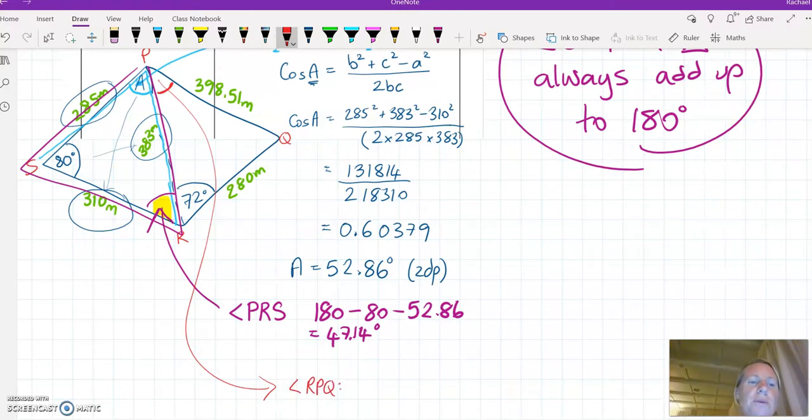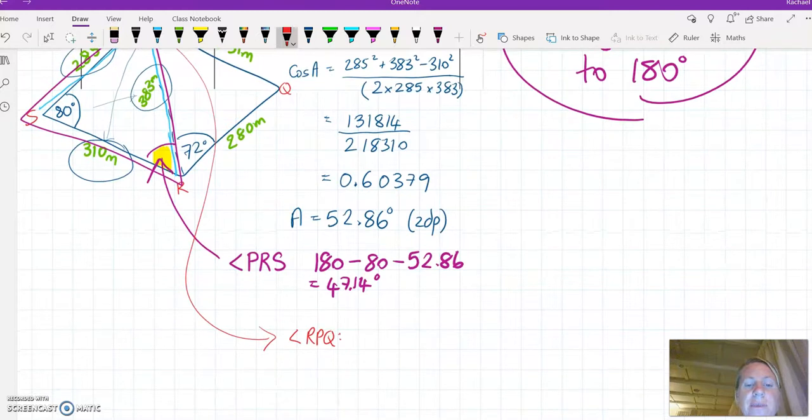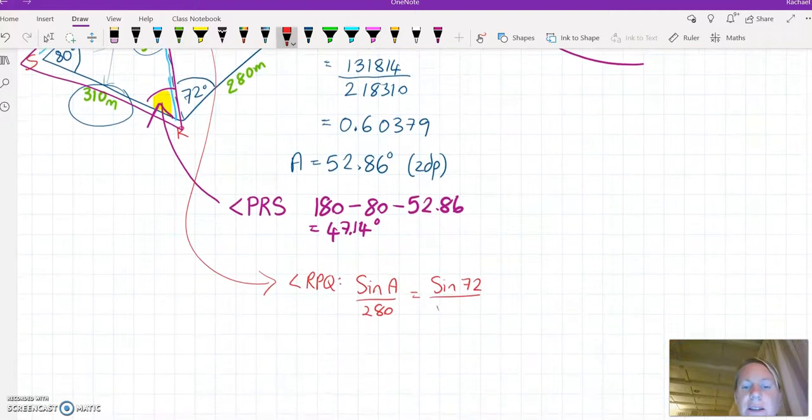We could do the sine rule, couldn't we? Sine A over 280 equals sine 72 over 398.51. All right, calculator out.